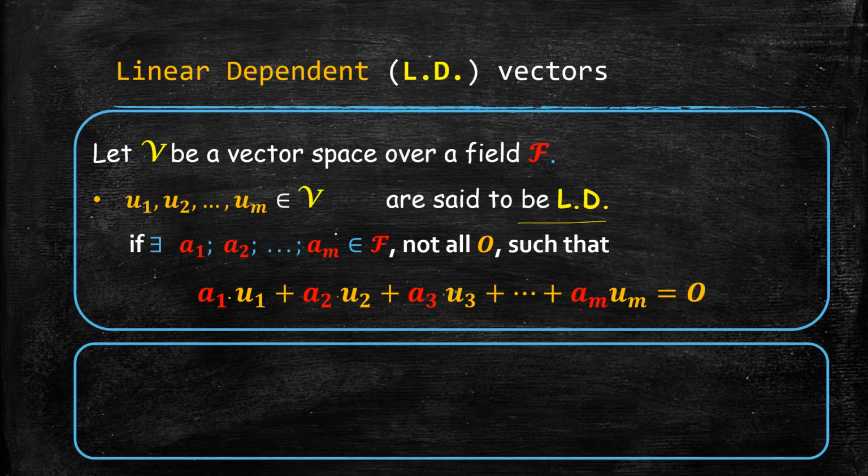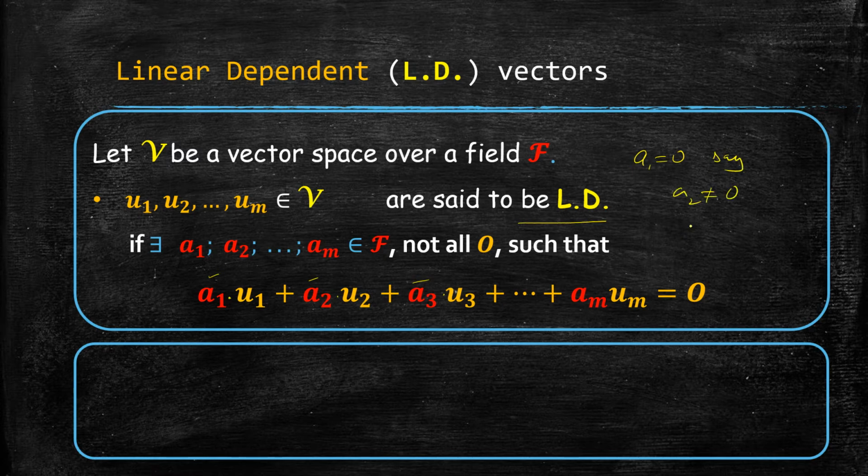So a set of vectors, say u1, u2, ..., um, are linearly dependent whenever you take the linear combination of these vectors, and if the coefficients, the scalars a1, a2, a3 are not all 0, then u1, u2, ..., um are said to be linearly dependent. Here not all 0 means that you have a1 equals 0, say, and a2 is not equal to 0.